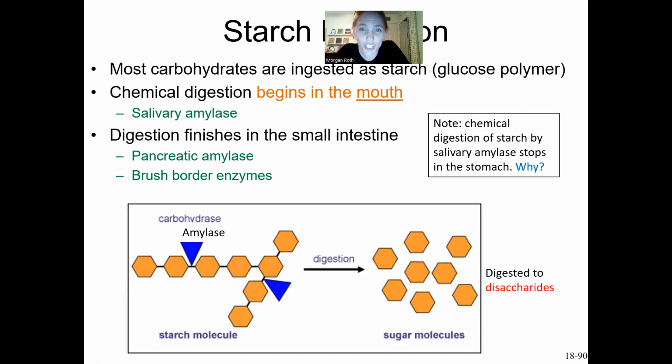They denature. So this salivary amylase is going to denature once it gets down into the stomach, and then we have to reintroduce a new amylase from the pancreas once we get in the small intestine. So this pancreatic amylase does the same thing as the salivary amylase, it just has a different source.